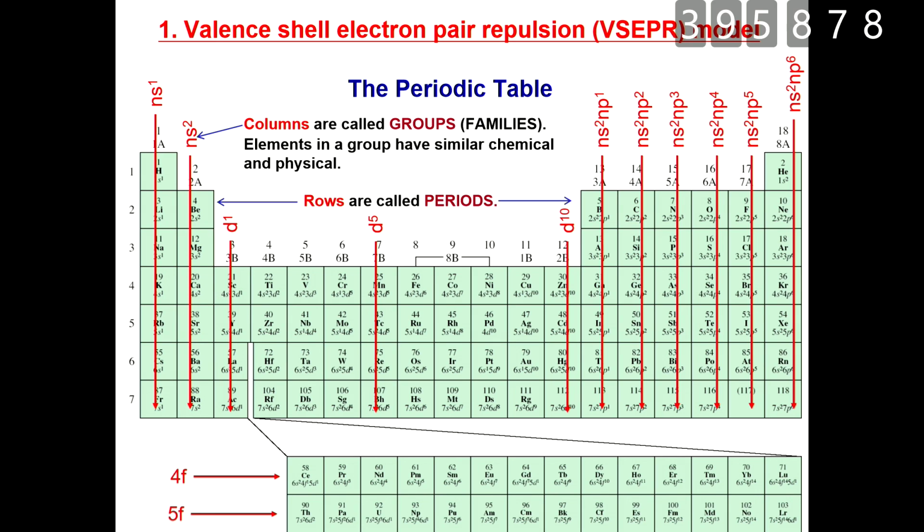Like in this group, all their valence electrons are ns1, and this is ns2. So we learned this before.